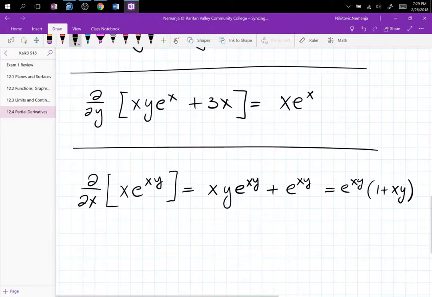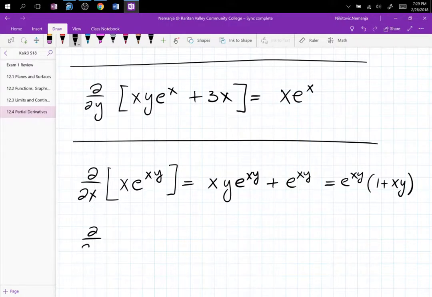Yes. And now same problem, partial derivative of y. What's the answer?